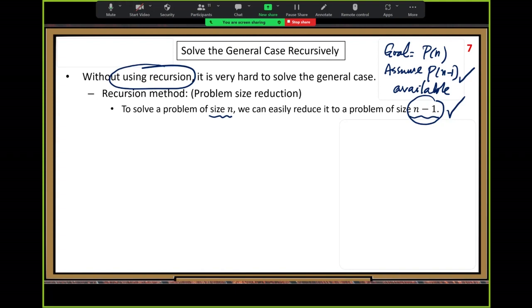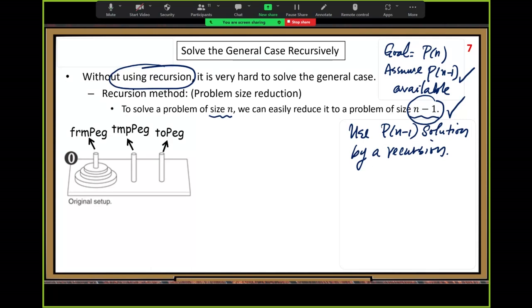So here the idea is we use the P of n minus 1 solution by recursion. That's the power in problem solving.